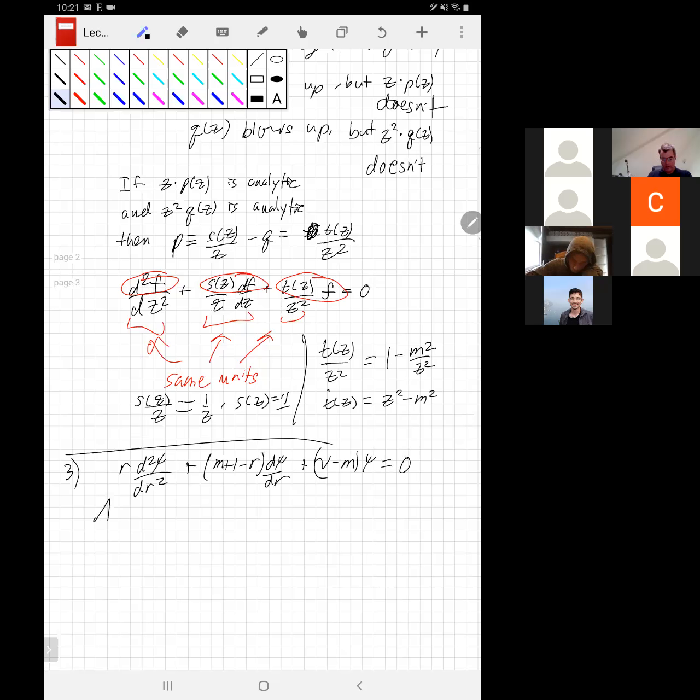This is called the associated Laguerre equation. This equation matters because it shows up in the hydrogen atom. You're going to spend some time using that equation in quantum mechanics next year.